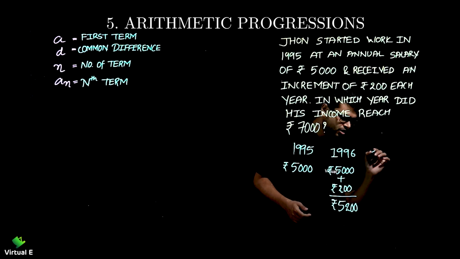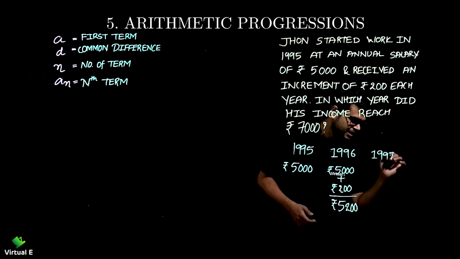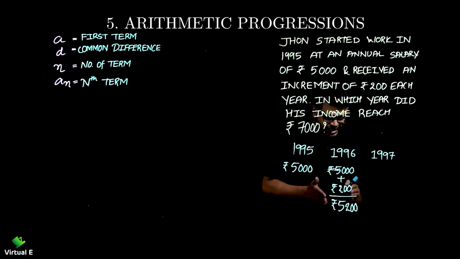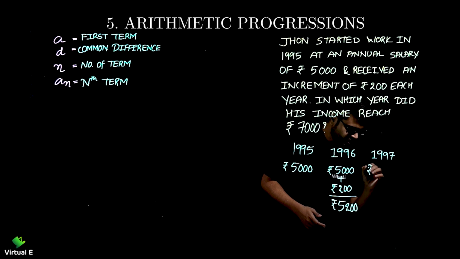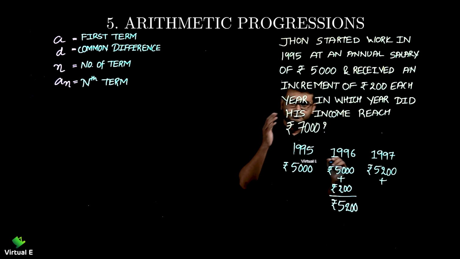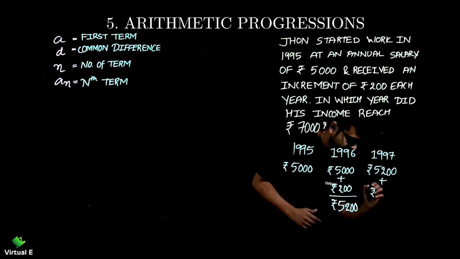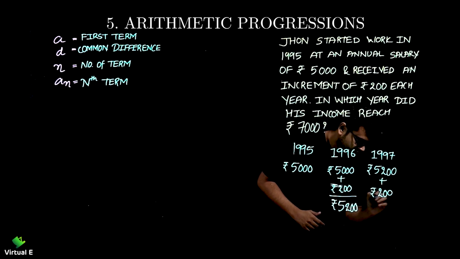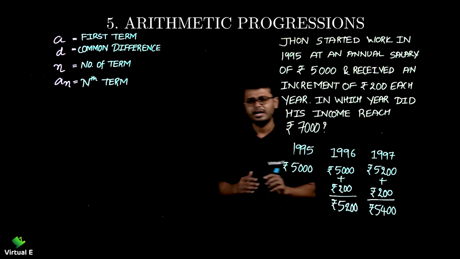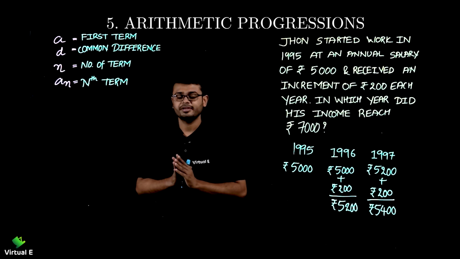Simple. Let's talk about 1997. Same as the previous: first of all rupees 5,200 plus the increment of rupees 200, so that is rupees 5,400.